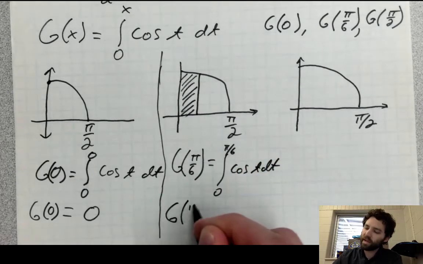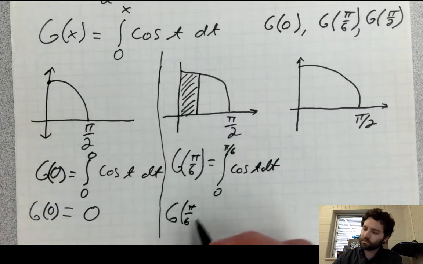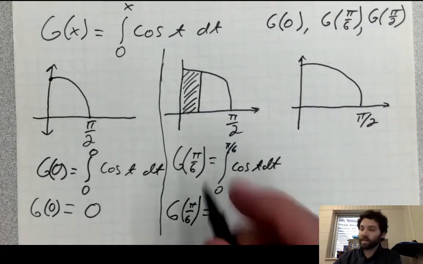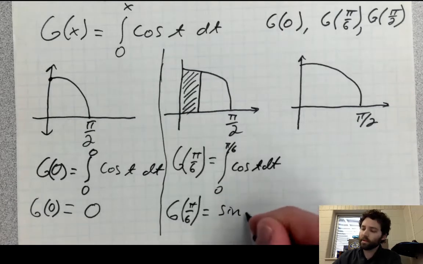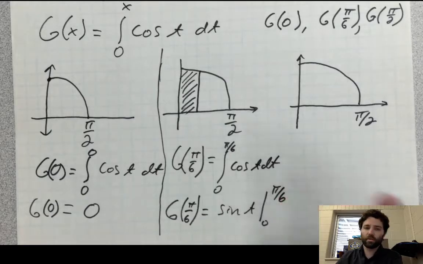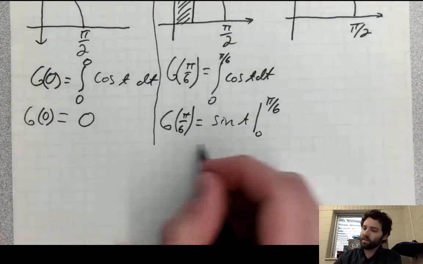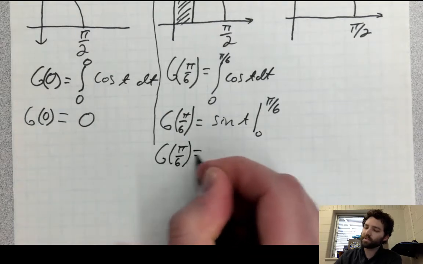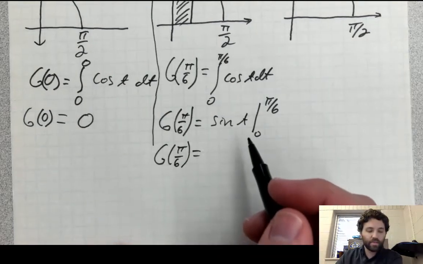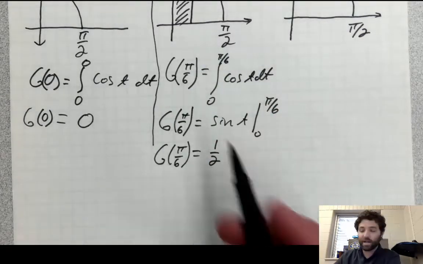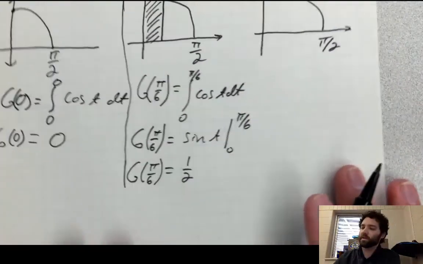And if you figure that out, if we were to antiderive cosine, we would get sine of t, and we would evaluate that from 0 to pi over 6. And so we would end up with g of pi over 6 being sine of pi over 6 minus sine of 0. That turns out to be 1/2. So the area under here is 1/2. G of pi over 6 is 1/2.